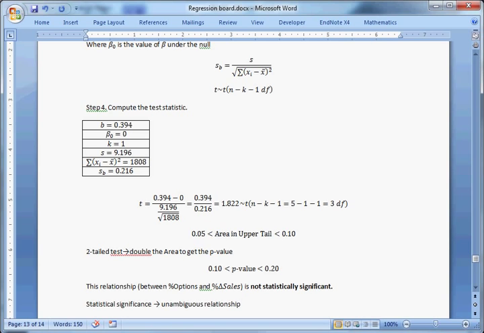But it does not mean that it's economically significant necessarily. So you gotta pay attention, use theory, think about what the consequences of a relationship are in order to determine whether it's economically significant.